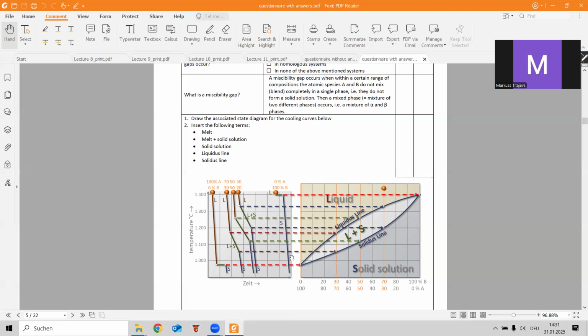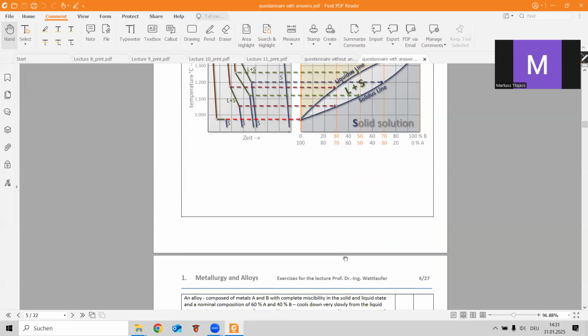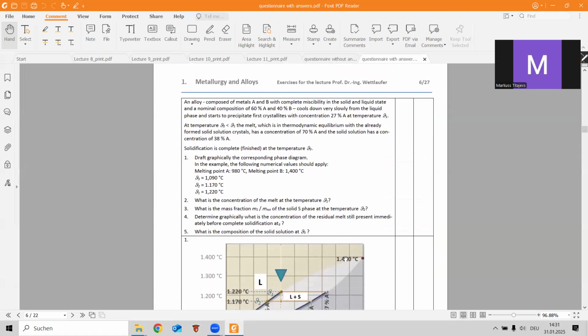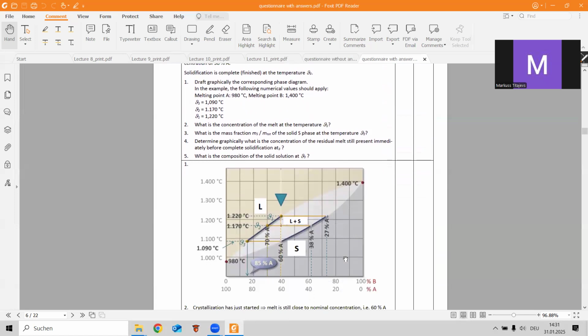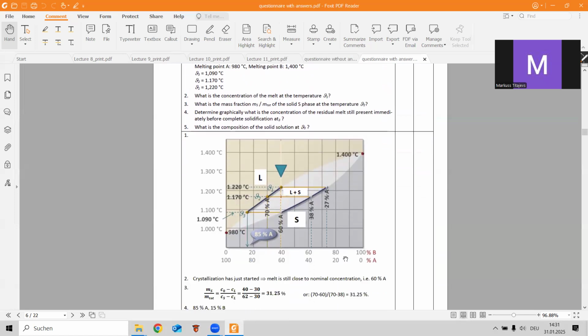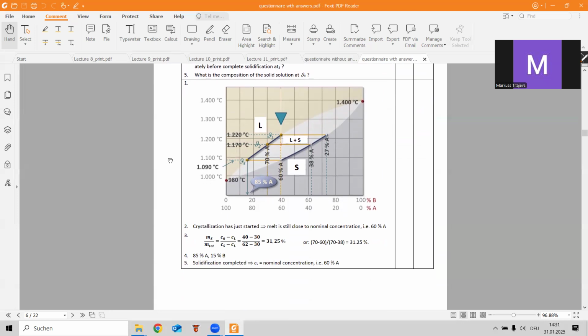Assign to the phase diagram below the following terms: solid solution, liquidus line, solidus line. Here is the task. Here we apply the lever rule.